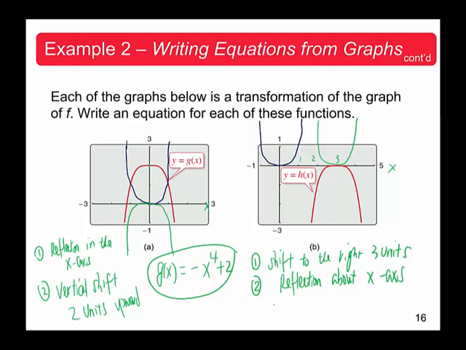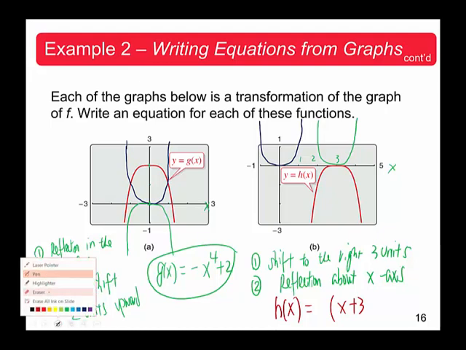So the equations look like, okay, h of x, we're using h of x here. To the right 3 units, you do x minus, no, adding 3, no, subtract 3: shift to the right, subtract 3.